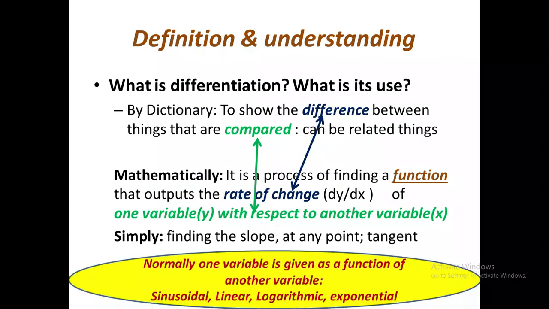Normally, when it's given mathematically, one variable is given as a function of another variable. That is what we do with graphs. In the x-axis one variable, in the y-axis one variable. So the function can be sinusoidal, linear, logarithmic, exponential, etc. So this is the basic understanding of differentiation.